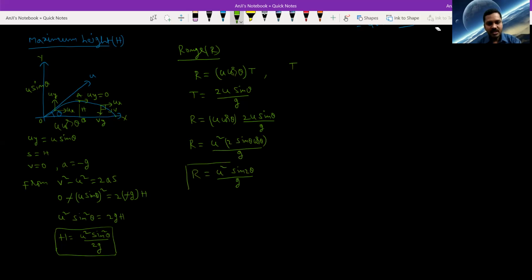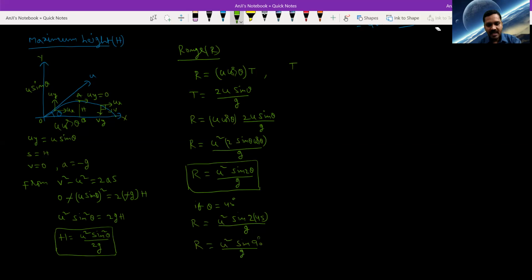So this is the range of projectile formula. In this equation, if theta is equal to 45 degrees, we substitute: r is equal to u square sin 2 into 45 divided by g. So 2 into 45 is 90. Therefore, range r is equal to u square into sin 90 divided by g.